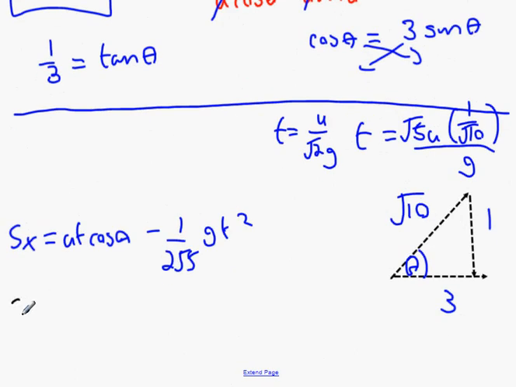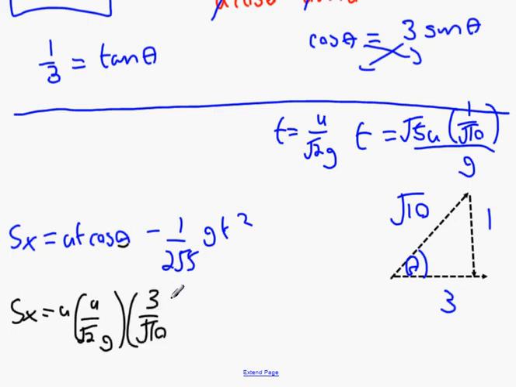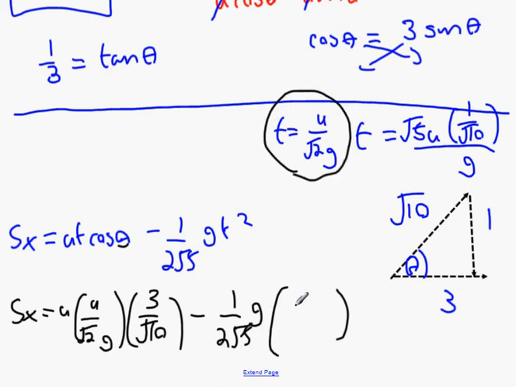It's going to be really easy. U, and then it's going to be u over root 2g. Then it's going to be cos theta, which is 3 over root 10. Minus 1 over 2 root 5. It's going to be g. T squared, anybody? U squared over 2g squared.